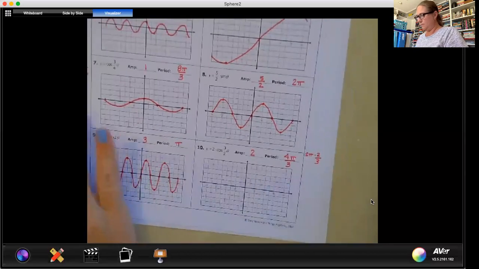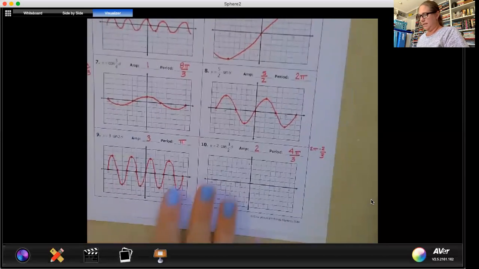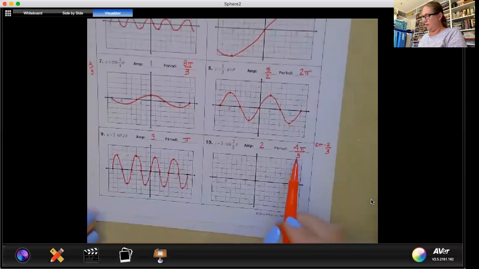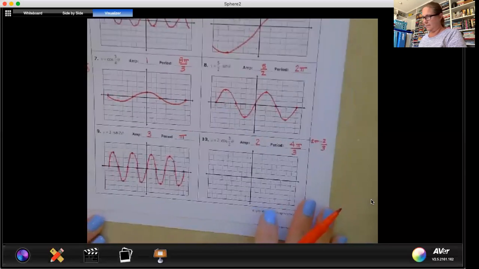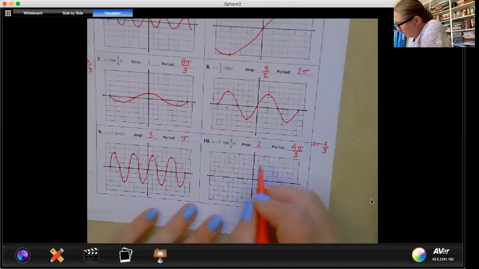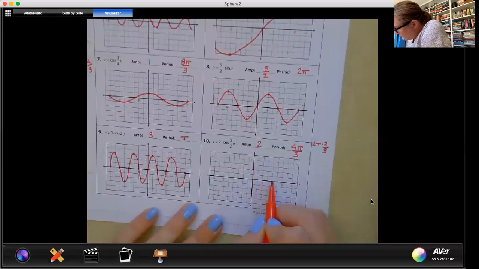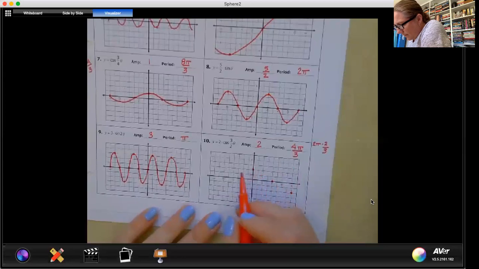And our last one, y equals 2 cosine 3/2 x. And this is another one with a weird period of 4 pi over 3. So we're just going to do our best and go up and down to 2. So we have here, and let's see, 1, 2, 3, 4, 1, 2, 3, 4. And then this one is going down to 2 here. Trying to kind of fill in the blanks. 1, 2, 3, 4.